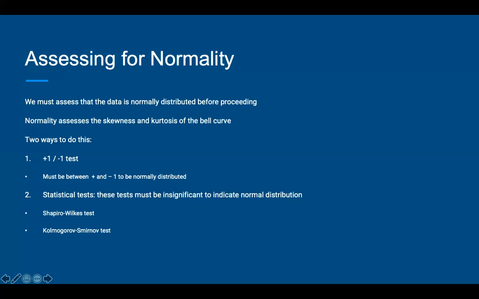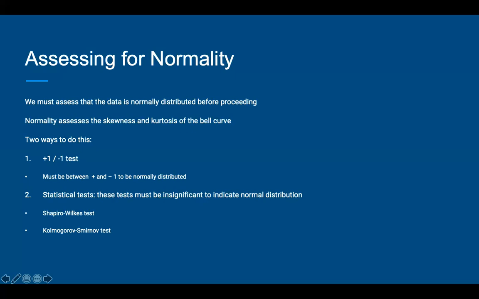And if you calculate it in SPSS, it'll give you a number. It's called the plus or minus one test. What this test is saying roughly is that the skewness score and the kurtosis score both have to be within ±1 in order to be considered normally distributed. Now, that's a rough estimation, but typically that's going to be good enough to determine normality.